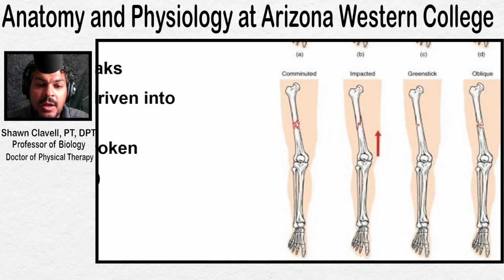What you have is a portion of the bone, and we get that concept from fractures that occur in our younger children. The whole bone doesn't fracture, it kind of splinters a little bit.